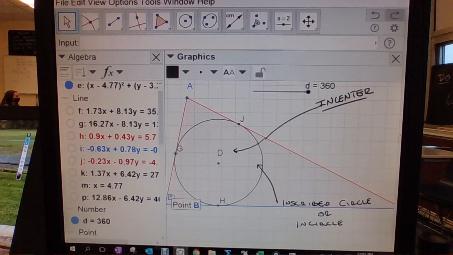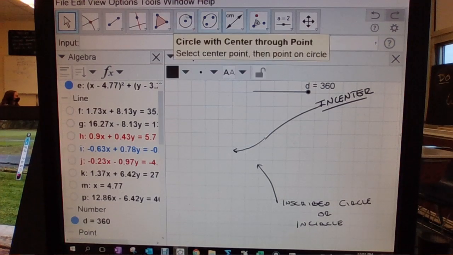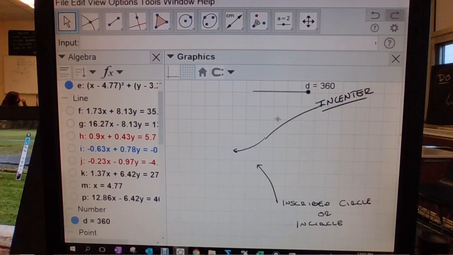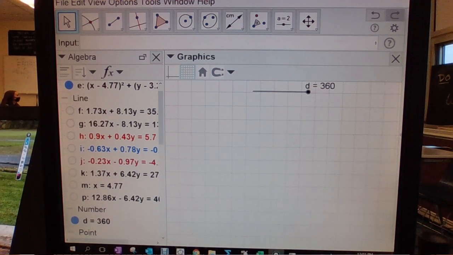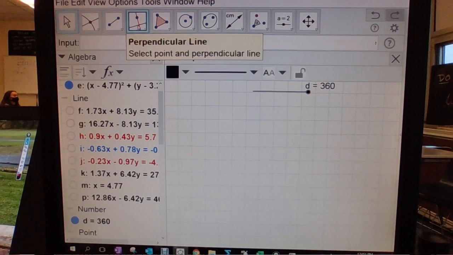Does anybody know what the word is that we use when we have a circle that touches a line at one point and one point only?